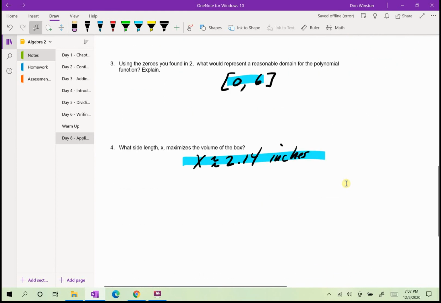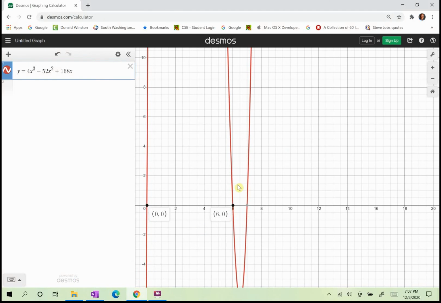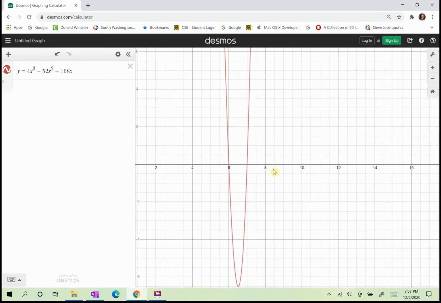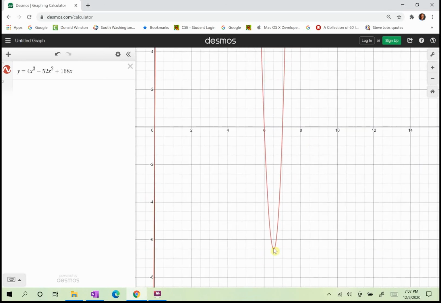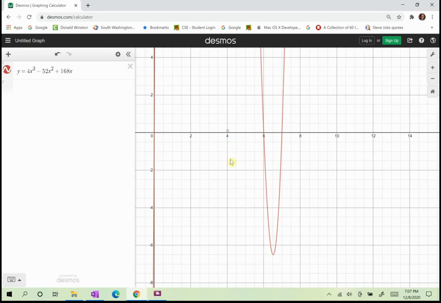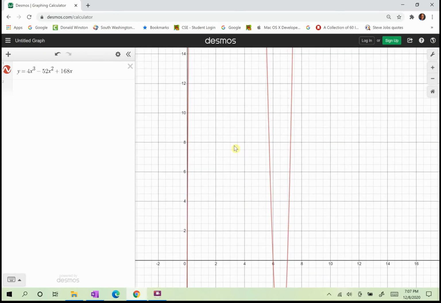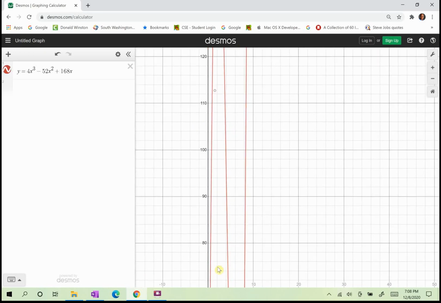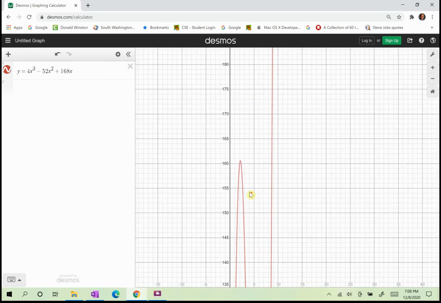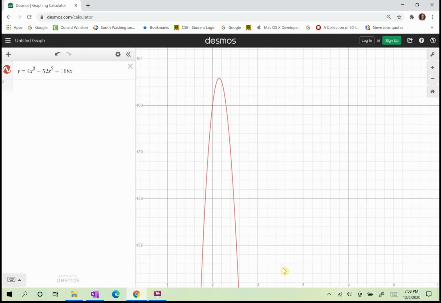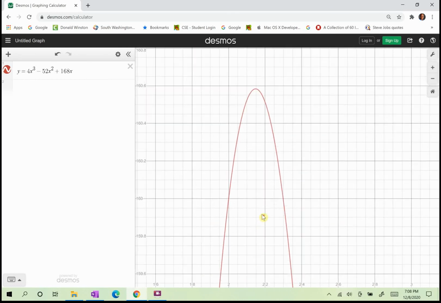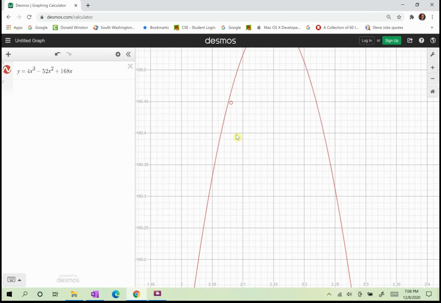Now, what side length maximizes the volume of the box? Well, to answer that question, we're looking at global maxes or global mins. Actually, we're not even looking at global minimums, because I do see a local minimum here, but we're looking to see when the volume is the greatest. That local minimum volume was negative. So we have to go up here to where that polynomial achieves its greatest value between the values of 0 and 6, the reasonable domain.